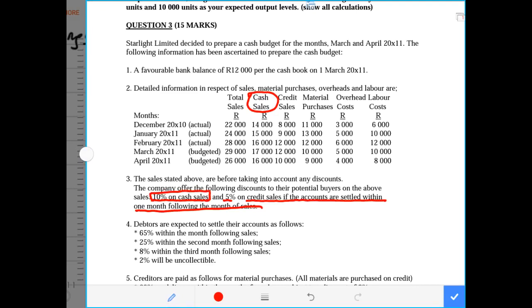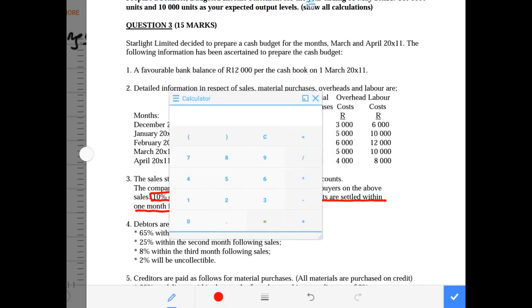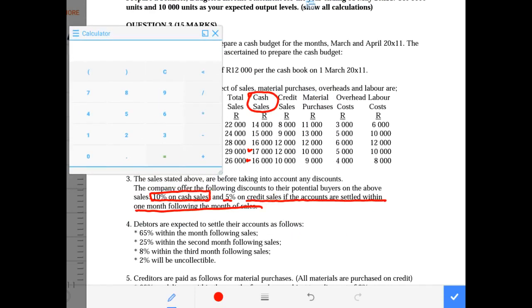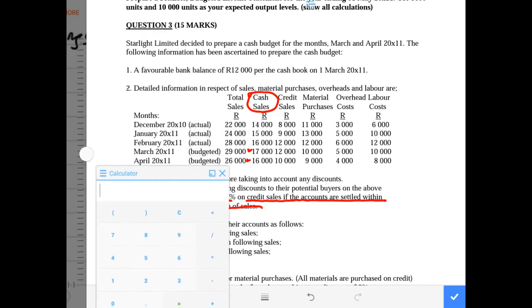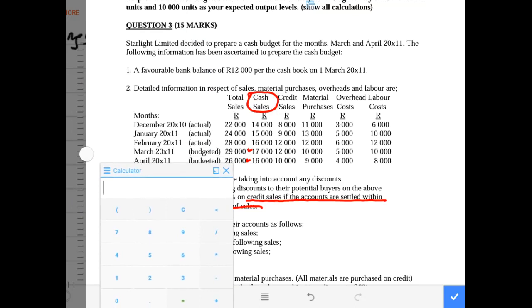Remember, we are doing a budget for March and April. So we only need cash sales for March and for April, and we give a discount on that. How do we do that? We go to our cash sales, and our cash sales for March amounted to a total of 17,000.